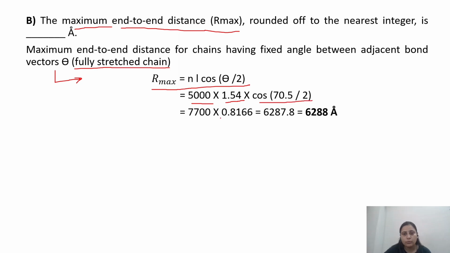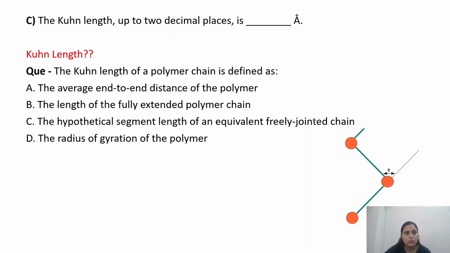Calculating, the final R max value comes out as 6288 angstrom.